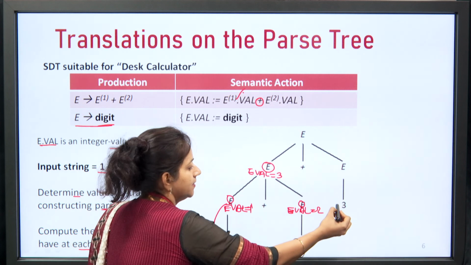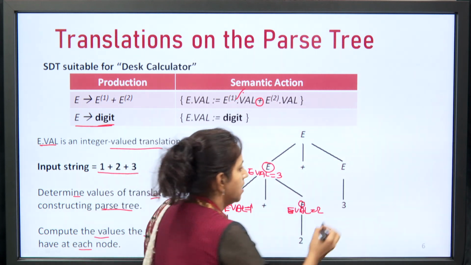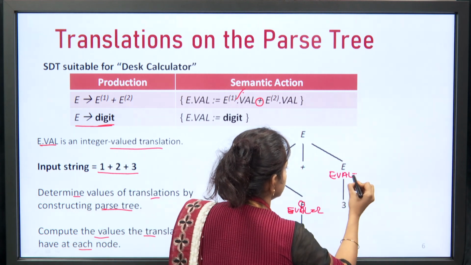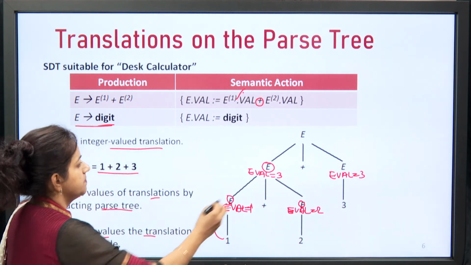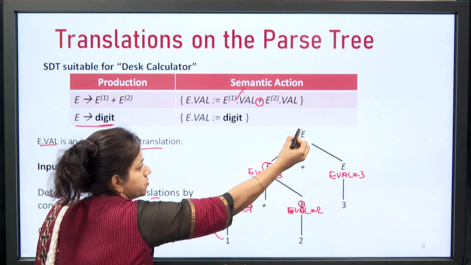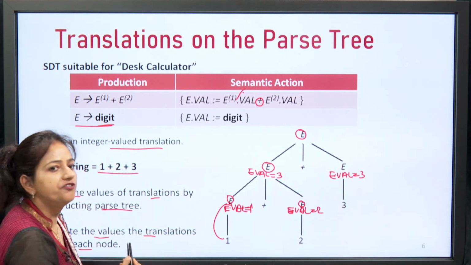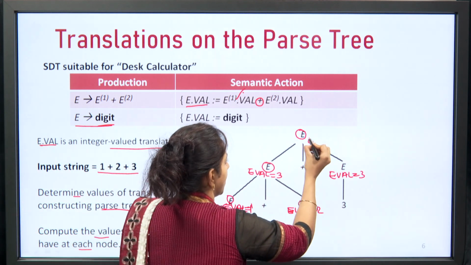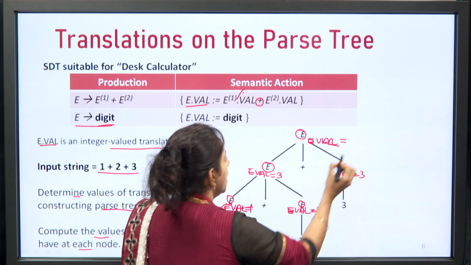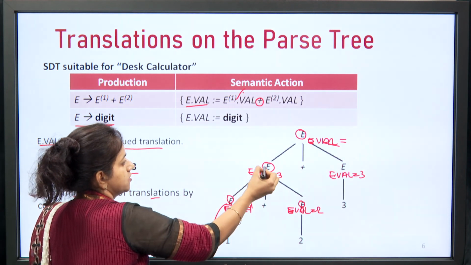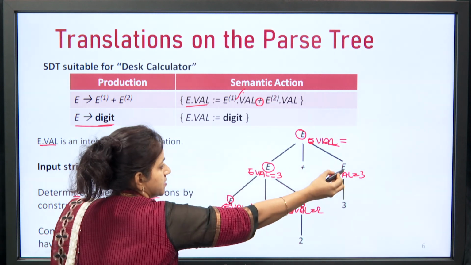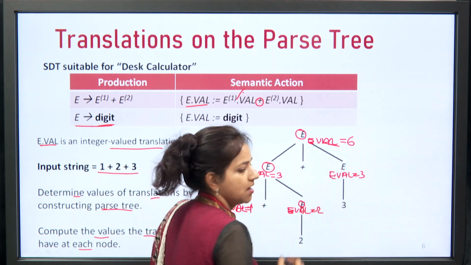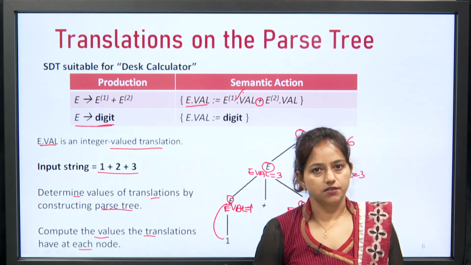Now, similarly, this 3 is reduced to capital E using this production, so we obtain E dot val is equal to 3. And similarly, E plus E can be reduced to capital E. So we obtain the value of translation at this non-terminal, E dot val, which is equal to the translation of this non-terminal plus the translation of this non-terminal, that is 3 plus 3. So here we obtain 6. In that way we can do the translations on the parse tree.